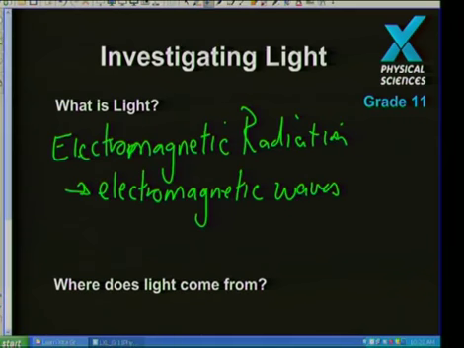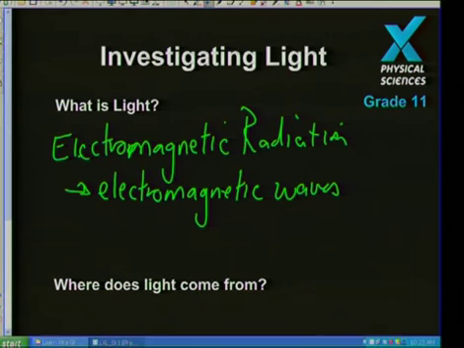Now, because it's a wave and it's an electromagnetic wave, we need to recognize something and remind you that all electromagnetic waves have something very special about them. They have a constant speed, and that speed is given as the constant c, written as the symbol c, and we say it's 3 times 10 to the 8 meters per second.